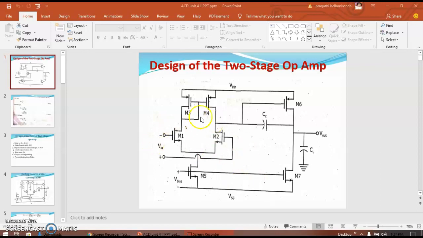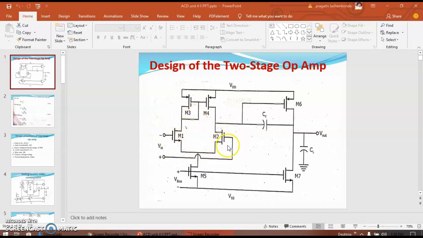So what is the main purpose of this? The two-stage design allows us to optimize the output stage for driving the load and the input stage for providing a good differential gain and CMRR. The first one is that it optimizes the output stage for driving the load, and the second one is that the input stage provides a good gain as well as the CMRR.